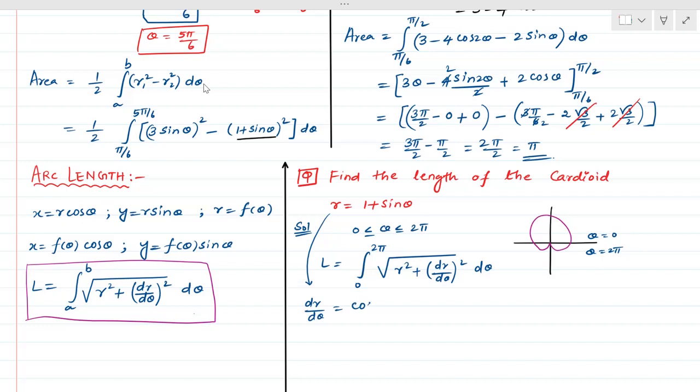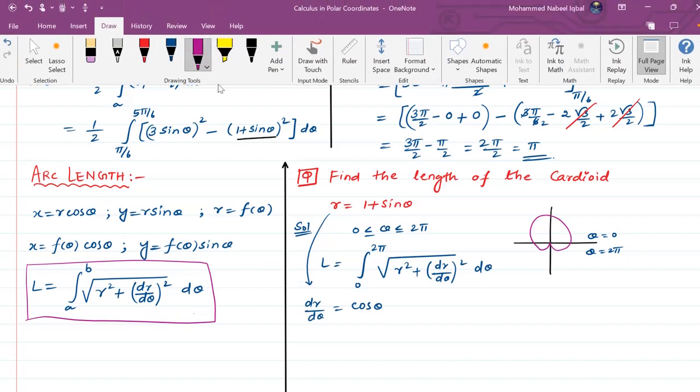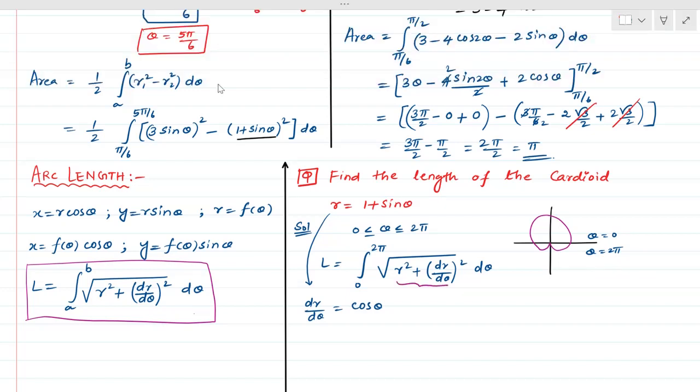It becomes cosine theta, and squared it is cosine squared theta. I will calculate this integration separately. So r squared is 1 plus sine theta, whole squared, plus dr over d theta whole squared, which is cosine squared theta.